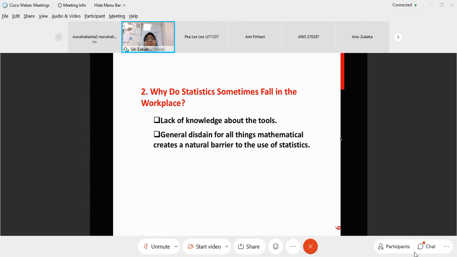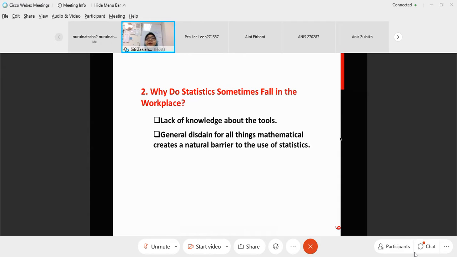Kadang-kadang, tak kira lah statistik ke apa, if you are given homework ke, a task by your parents ke, the first thing selalunya, in general, kita fikir, alah susahnya. Once you form that perception, you are telling yourself, you tak boleh nak buat. Susah lah, memang tak boleh buat lah.